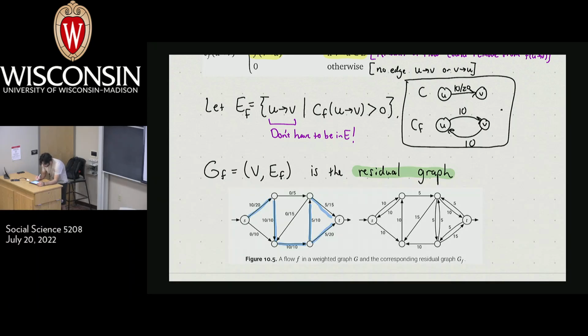In the residual graph, notice we have a 10 edge and a 10 edge, indicating we can add 10 units of flow to max out to 20, or we could remove 10 units of flow to go back to 0. Whereas for this edge, we can add 5 units of flow to max it out at 5, but we can't remove any flow because there's no flow on it. So that's why the reverse edge is not there. And so on.